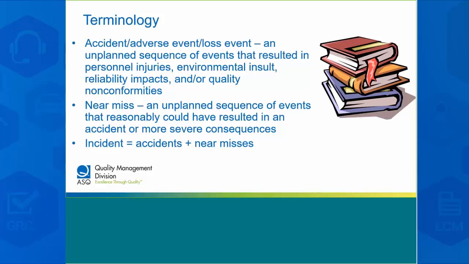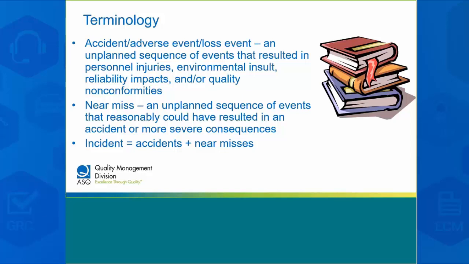Accidents are when an unplanned sequence of actions and conditions result in an unacceptable consequence to a system stakeholder. So you can have things such as an injury to a worker, harm to the environment, damage to equipment. Near misses are similar to accidents, but generally don't result in actual losses, though they could have potential losses. An incident can be both an accident and a near miss.